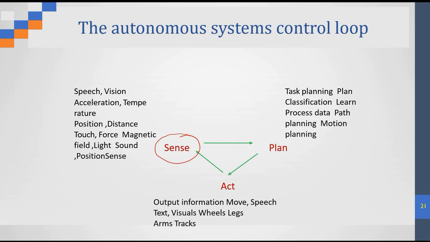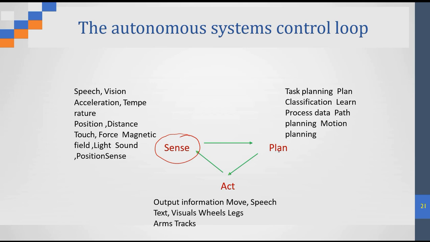The camera receives light, so we can consider a camera a sensor. So we receive the information using these sensors. Sense is just the act of receiving the information using sensors.